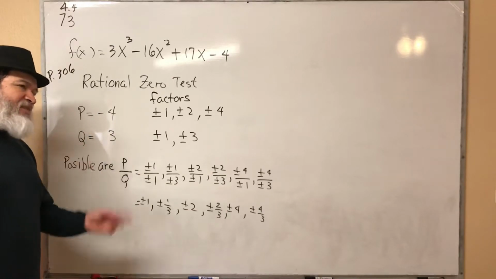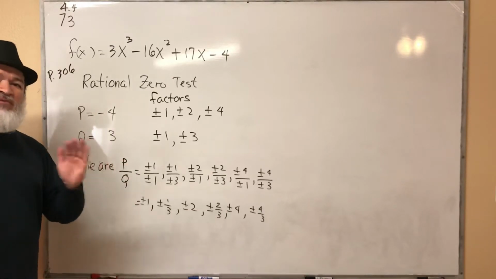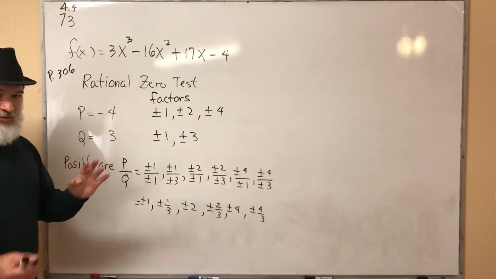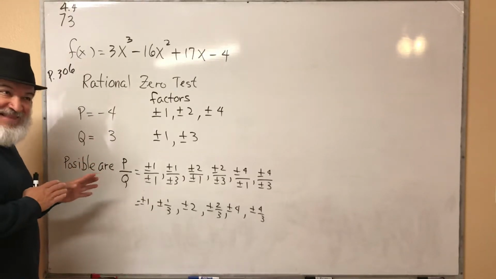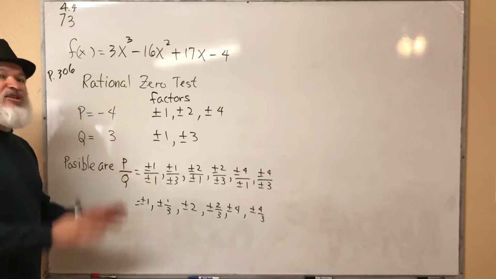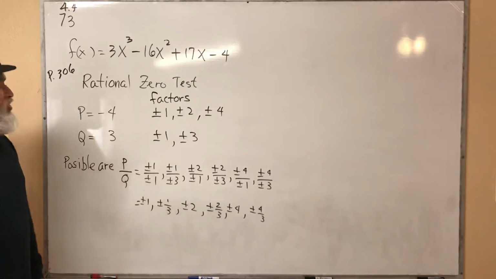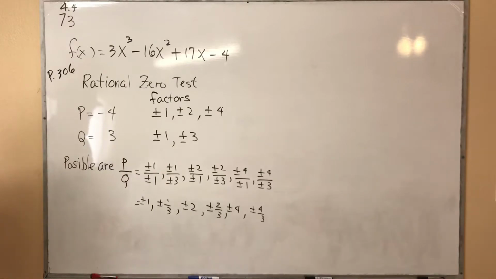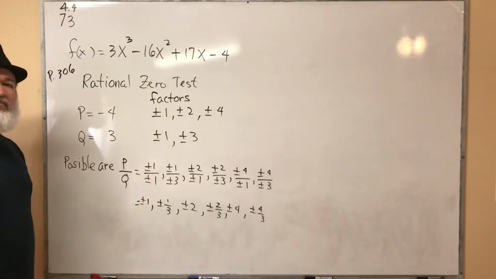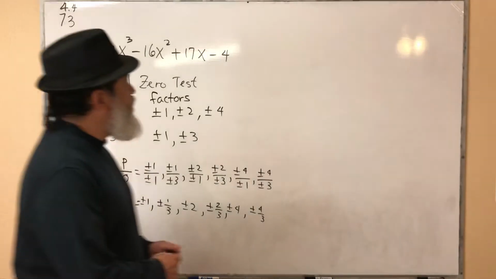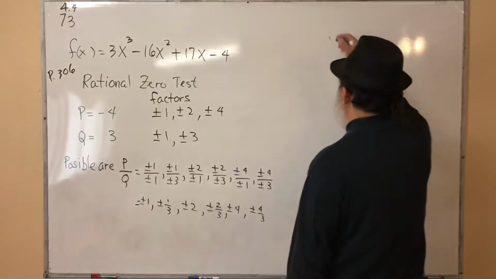When we do synthetic division and we get a remainder of 0, as from the last lecture, then that number is a zero. So we're going to try 1. Let's try 1. So synthetic division.